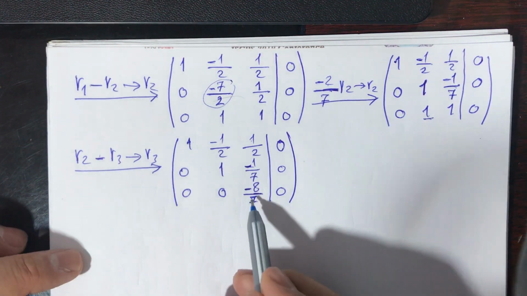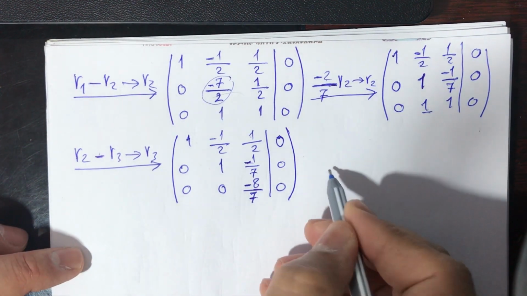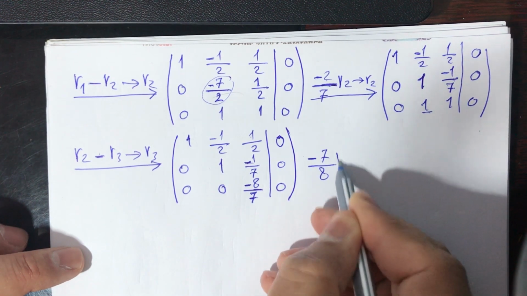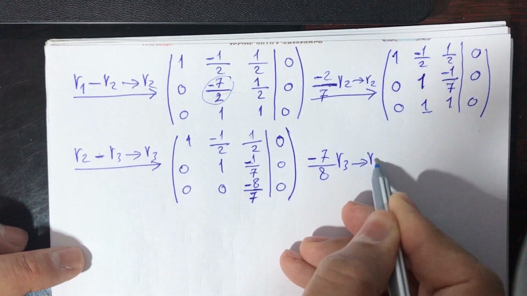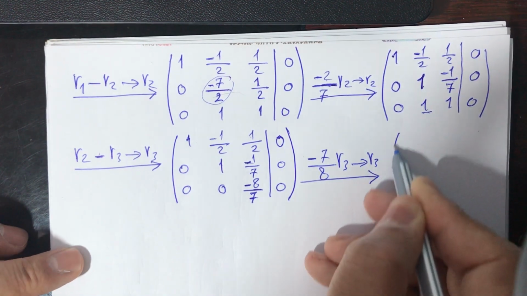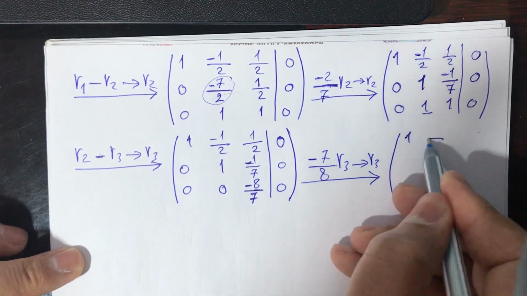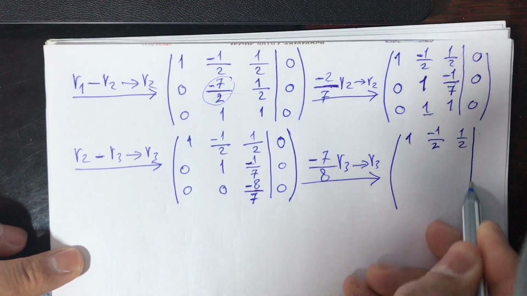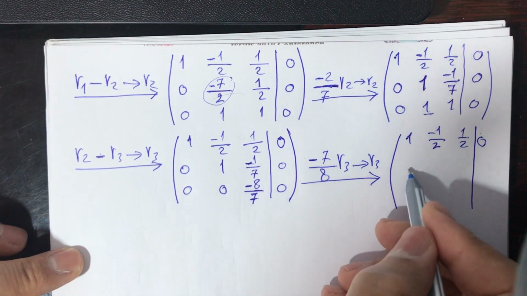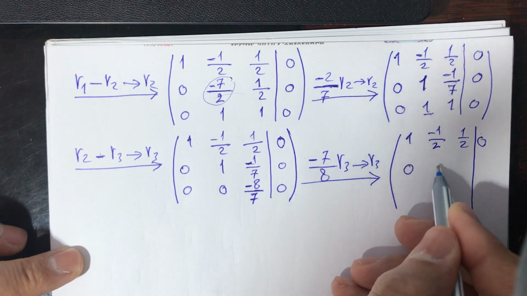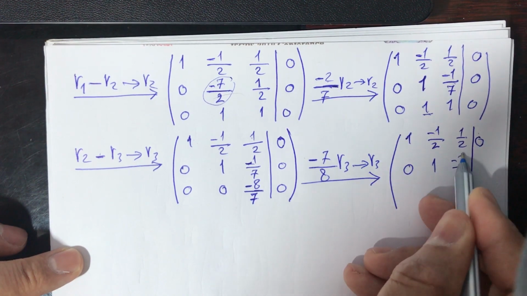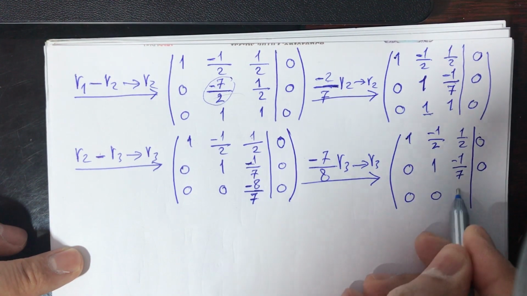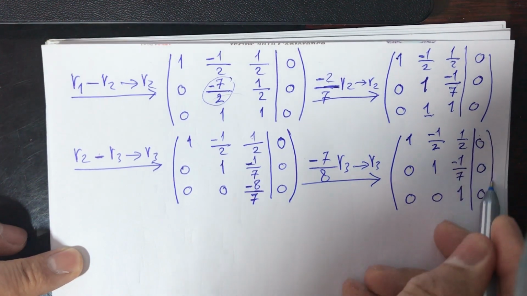Now make this 1: 7 over 8 R3, write in R3, and we get 1, minus half, half, 0; 0, 1, minus 1 over 7, 0; and 0, 0, 1, 0.